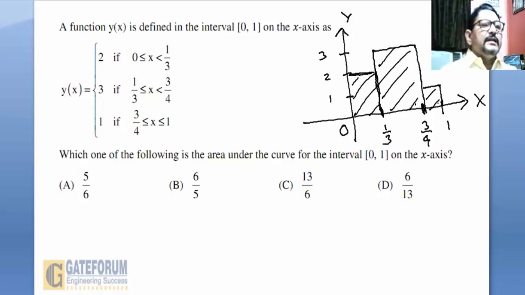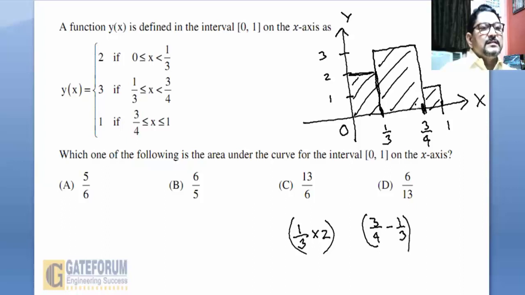How do we find the area? Pretty simple. These are all rectangles individually. So the area of the first rectangle would be 1/3 into 2. The area of the second rectangle would be 3/4 minus 1/3, which will give us this length, multiplied by 3.